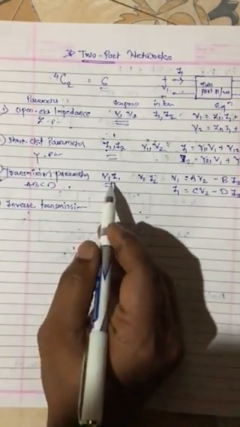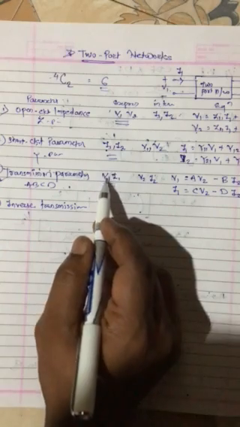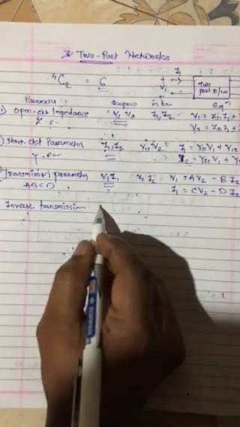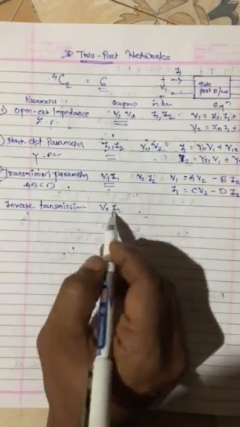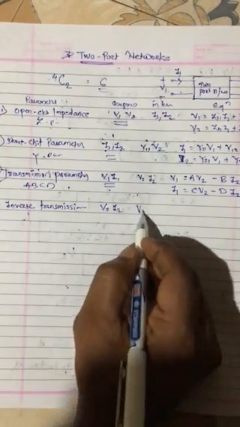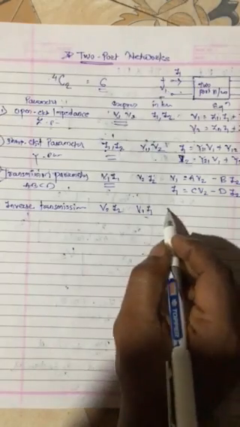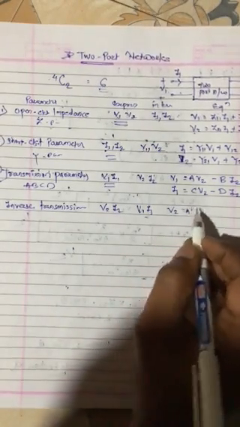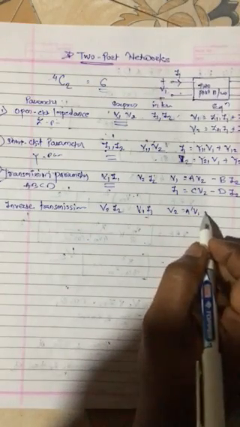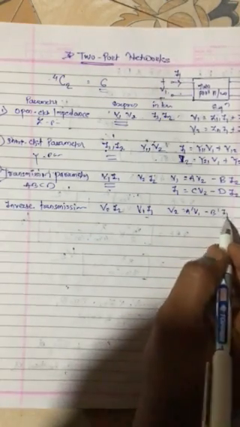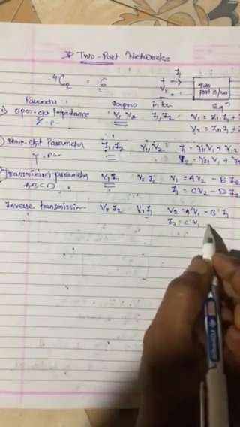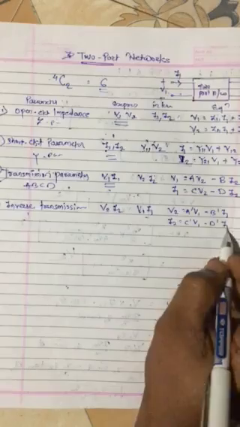Inverse transmission is opposite to this: here V1 I1 is expressed in terms of V2 I2, and here V2 I2 is expressed in terms of V1 I1. The equations will be V2 equal to A dash V1 minus B dash I1, and I2 is nothing but C dash V1 minus D dash I1.